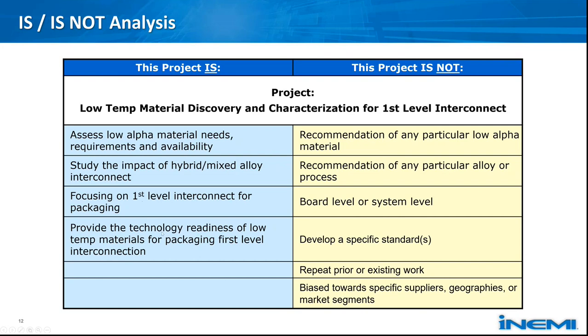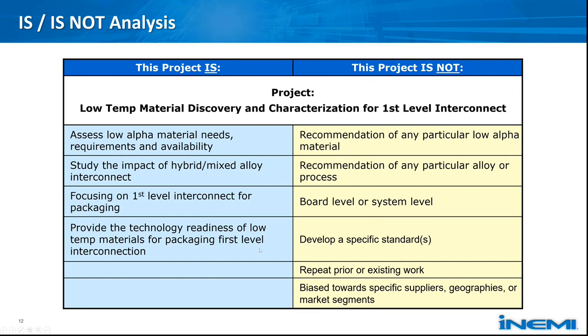And then the outcome of this project would define and provide technology readiness of these low temp materials for first level interconnect. What it won't do is recommend any particular low alpha materials or recommend any particular alloy or process, or developing any standard. That's not what is the scope of this project.